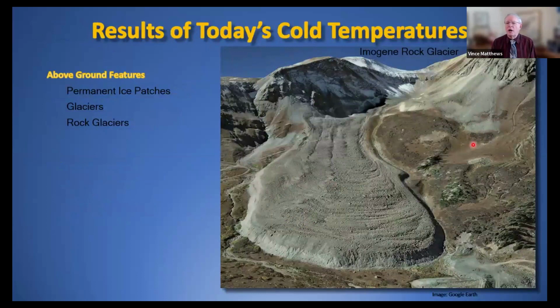This is the Imogene rock glacier out from Ouray. You couldn't ask for a better example than this. This is just absolutely magnificent. And there are lots of features about this that are just really cool. So the first thing is that rock glaciers have these furrows. You can see them all the way up here.